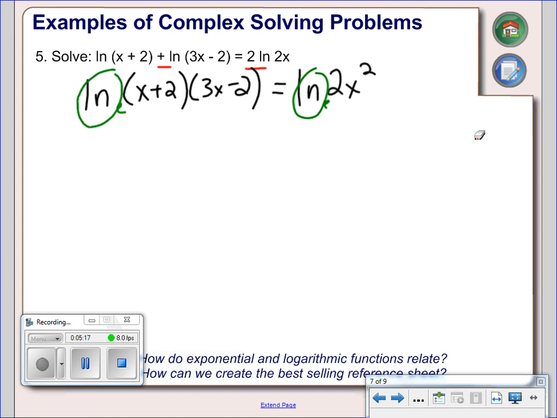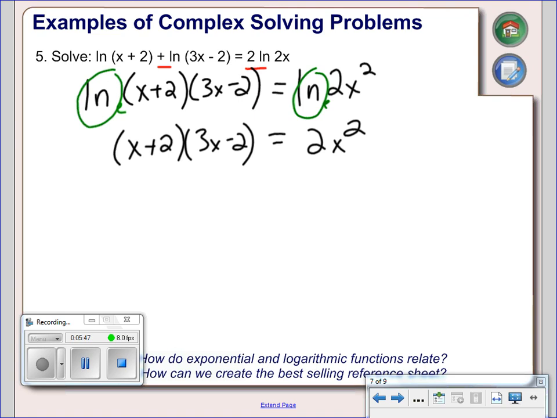So I can make x plus 2 times 3x minus 2 equal to 2x squared. Now, technically, I was supposed to distribute so that I really have one complete argument, but mathematicians know that if I distribute that, it's still the same thing. So I'm just skipping one step of distributing early before I make it equal.